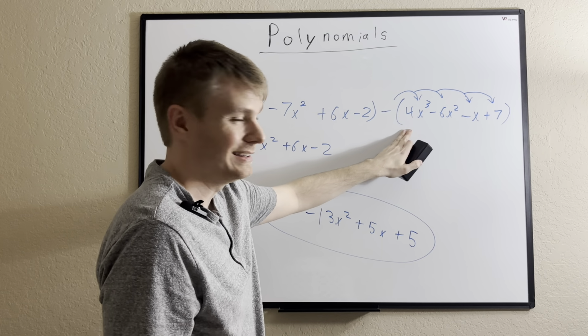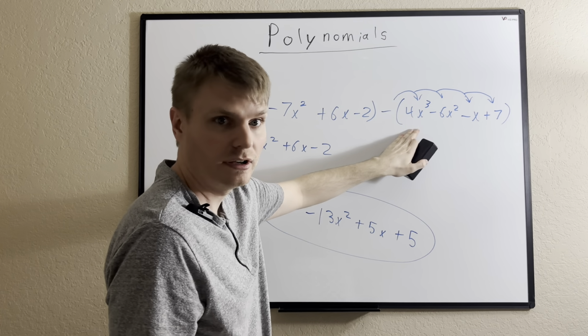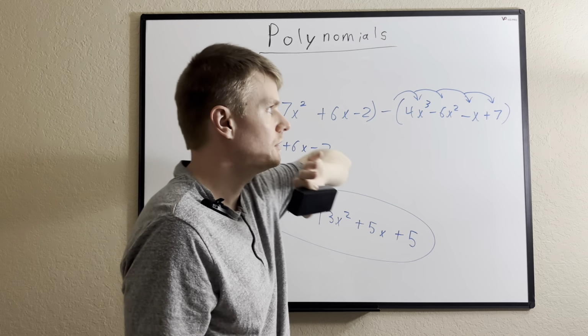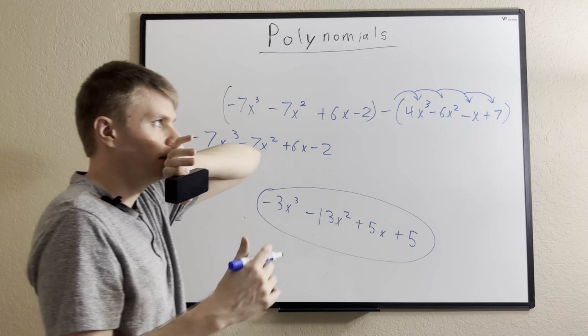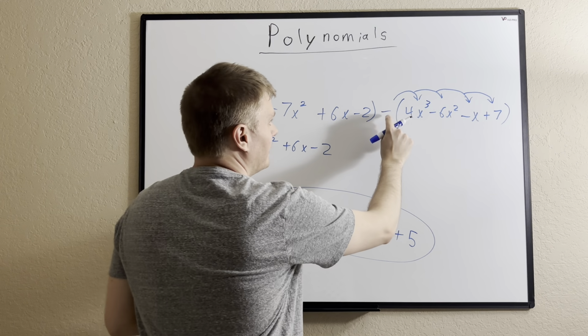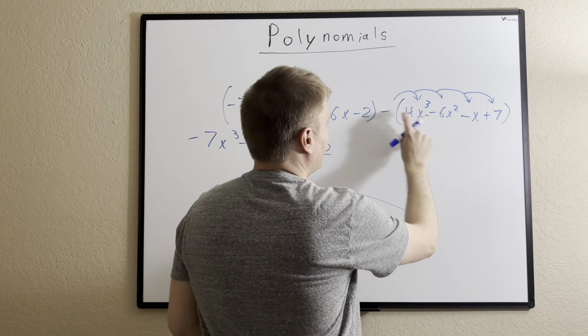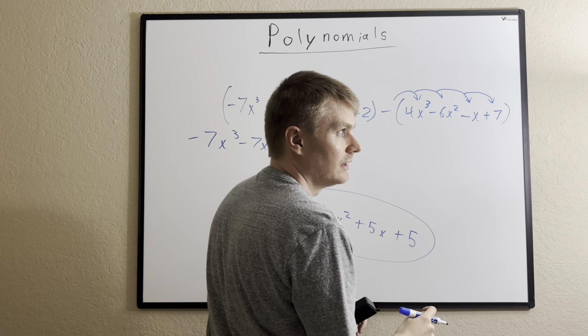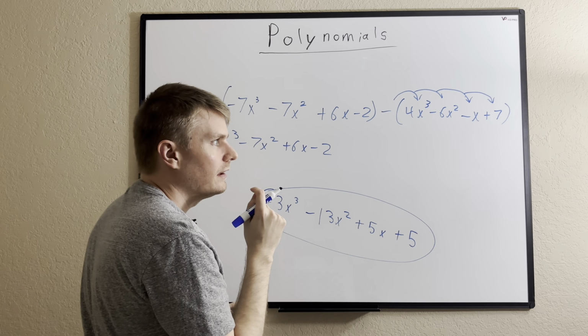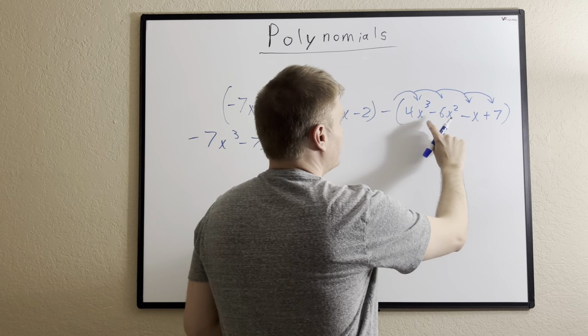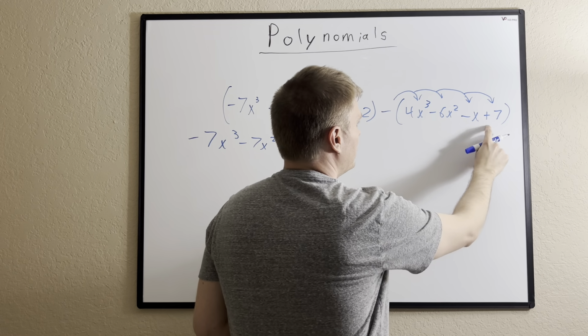So it's kind of easy. It's just a negative 1 being multiplied by all of them. So when you multiply a positive by a negative, it gives you a negative, right? If you multiply a negative by a negative, it gives you a positive. So you could say that you're just changing the sign of every single term.